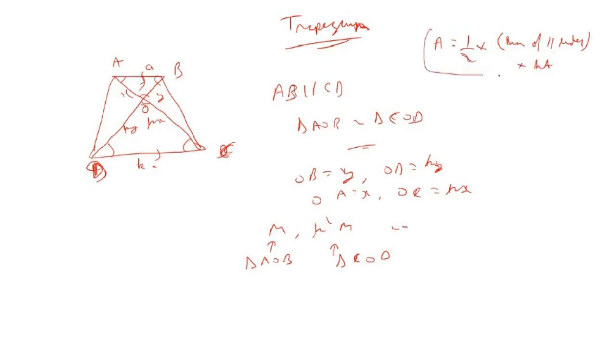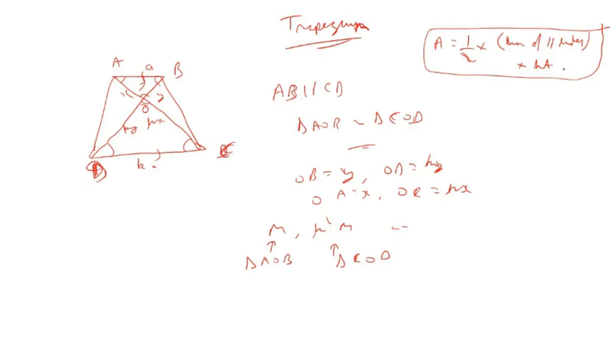This is a standard formula for area of a trapezium, but for this you need to know the side lengths and you need to calculate the height if it's not given, etc. But if you're given area of component triangles, how to find that? So we know that this and this will be in a similar proportion of K square. Cool. So what will be the area of this and this?